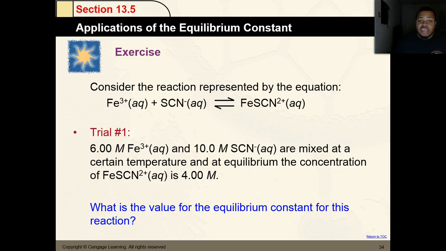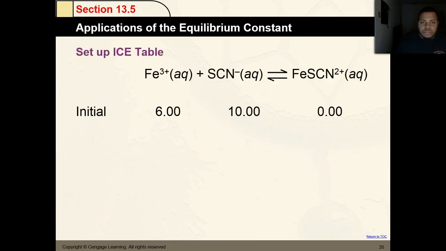Well, let's go ahead and plug in the values that we have. We know that 6 molar iron 3 and 10 molar thiocyanate are going to come together to make 4 molar iron thiocyanate. So let's plug in our values. Our initial concentrations at the beginning of the reaction, before anything starts, are 6 molar iron 3 and 10 molar thiocyanate, and iron thiocyanate, nothing.